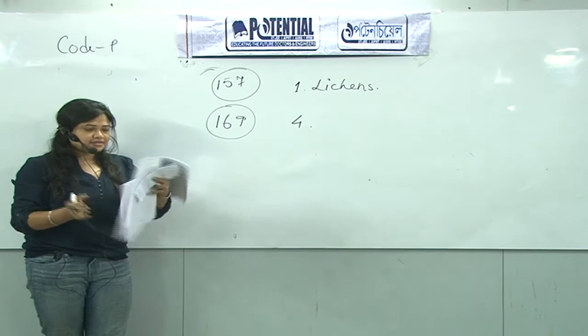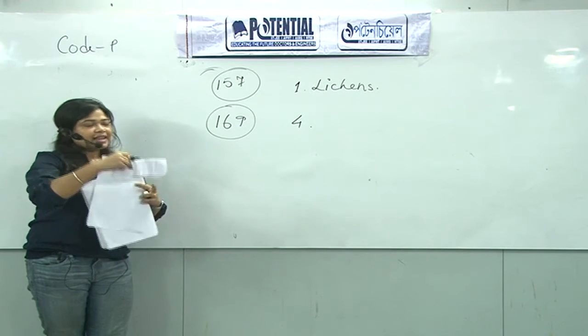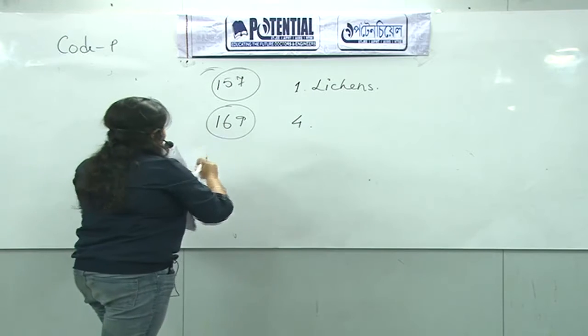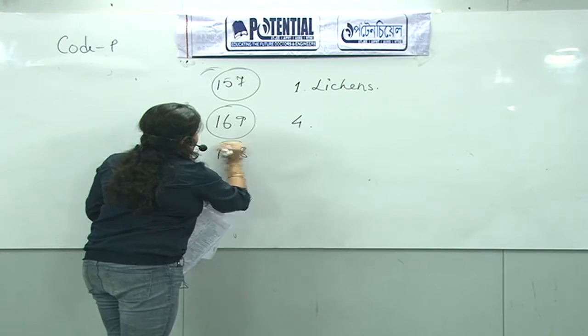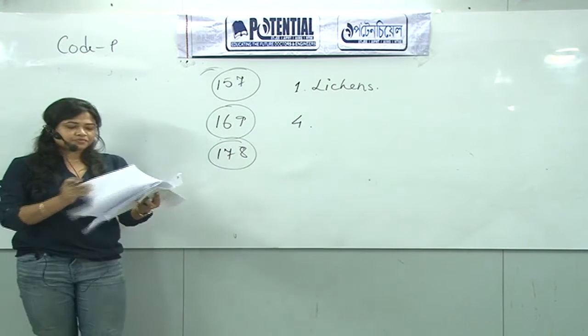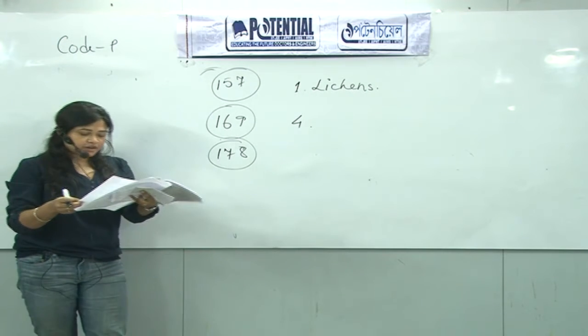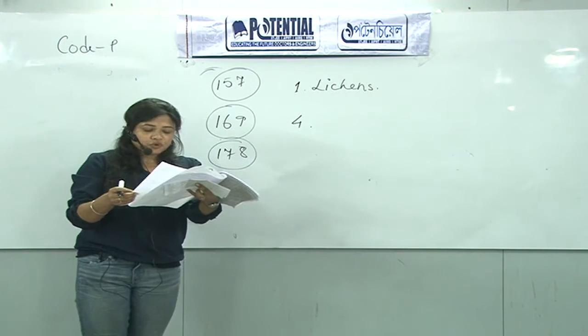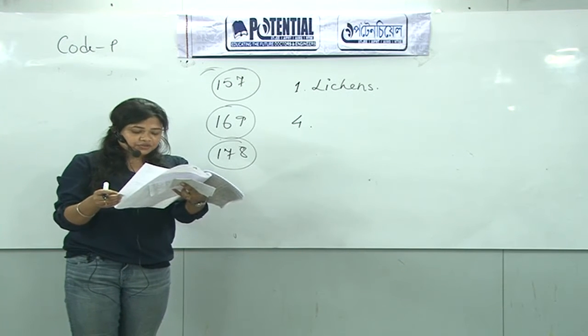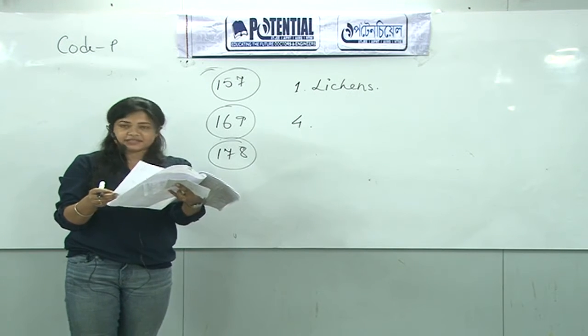And the last question is question number 178. It is given: a river with an inflow of domestic sewage rich in organic waste may result in.